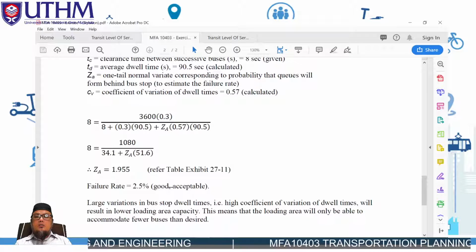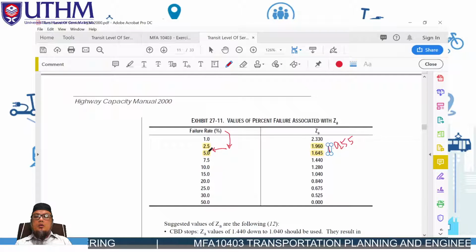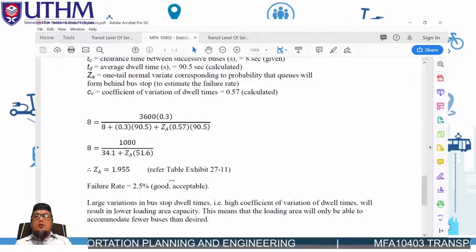From there, we can do the interpolation. Then we get the value of 2.5 failure rate. If we get the value, we still can do rounding, so we can also have 2.5% failure rate, which is very low.